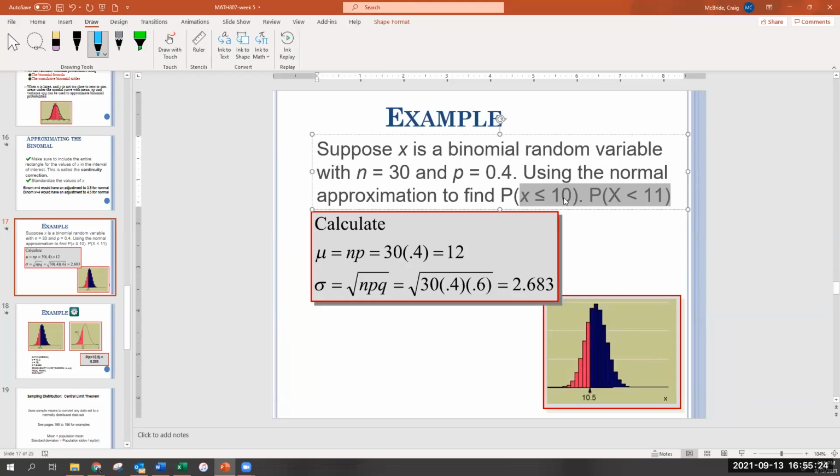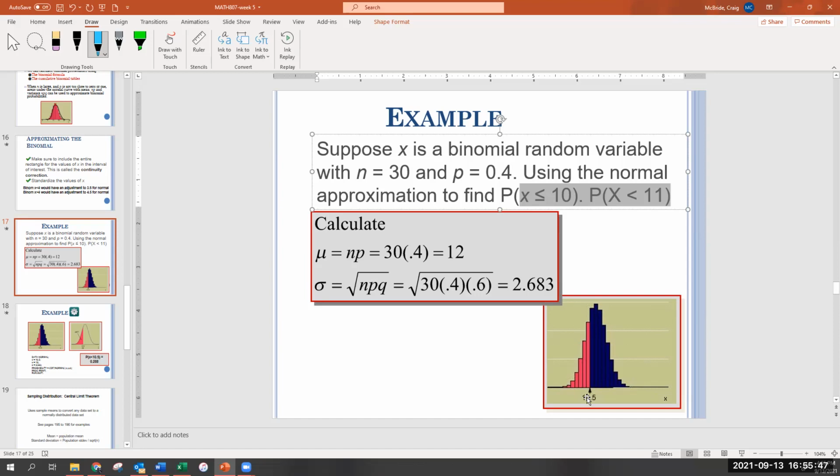If I need to include the bar that represents 10, I have to remember that the 10 bar basically goes from 9.5 to 10.5 because it's centered on 10 and it goes a half in each direction. Because then the next bar for 11 starts at 10.5 and goes to 11.5 and so on and so forth.